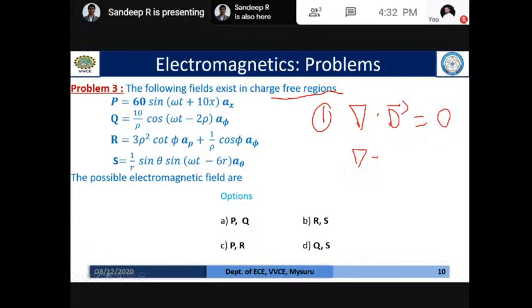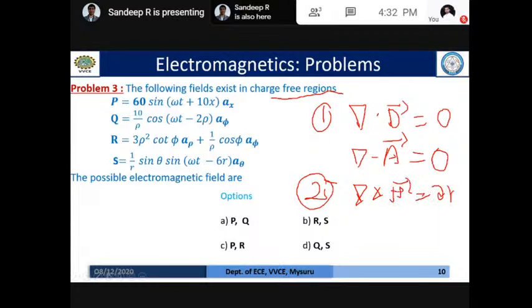In general, I can write it as del dot A is equal to 0. Similarly, the second expression from Ampere circuital law, del cross H is equal to dou D by dou t. So that means del cross H is not equal to 0.